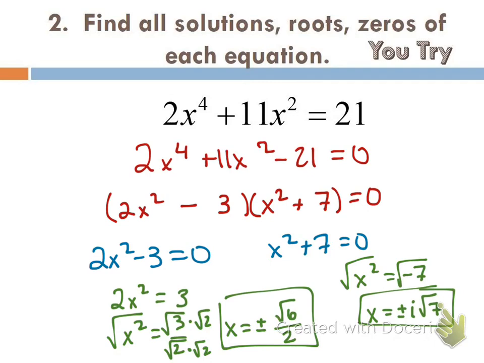Remember, when we take the square root of a fraction, we take the square root of both the numerator and the denominator. We rationalize the denominator, and so I got plus or minus radical 6 over 2. For the other factor, x squared plus 7, I subtracted 7 from both sides, and then I square rooted. x is equal to plus or minus i radical 7.